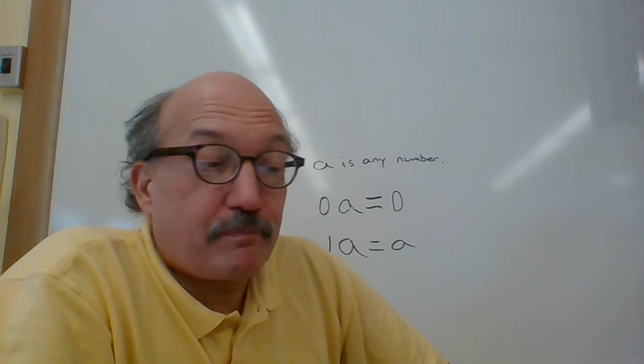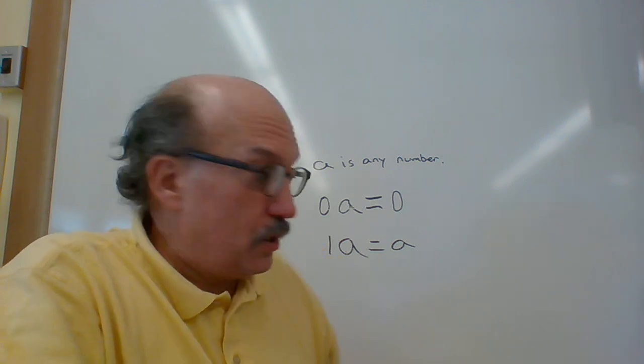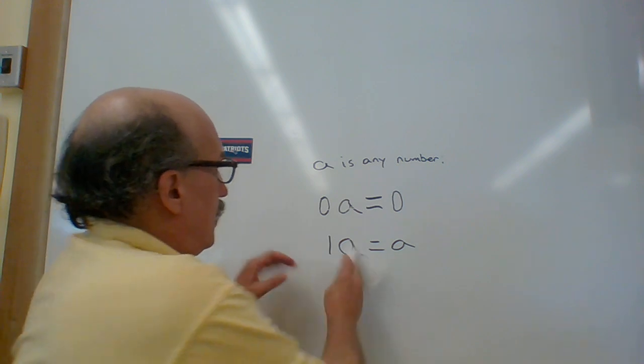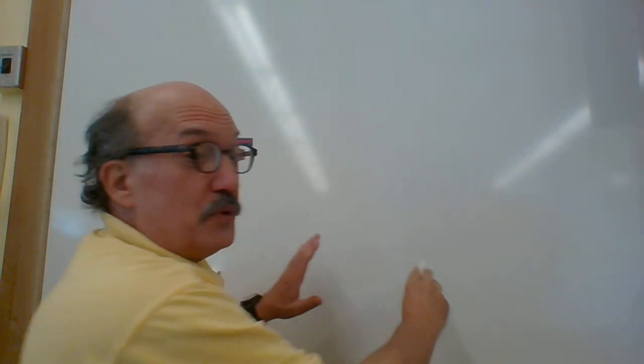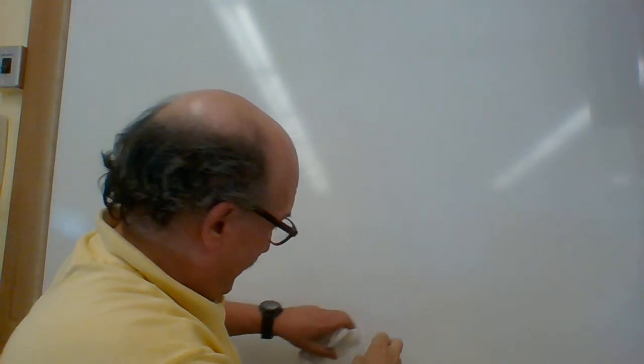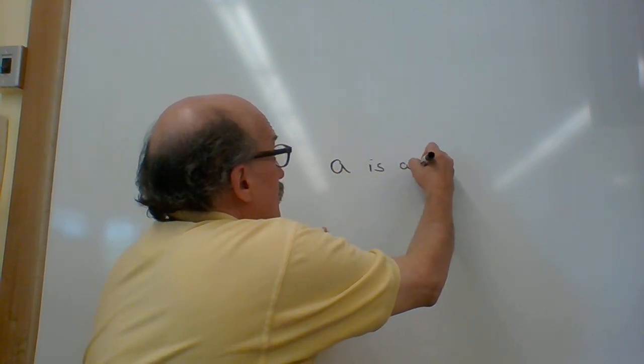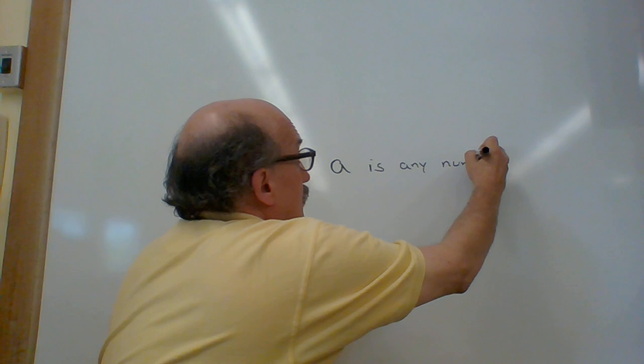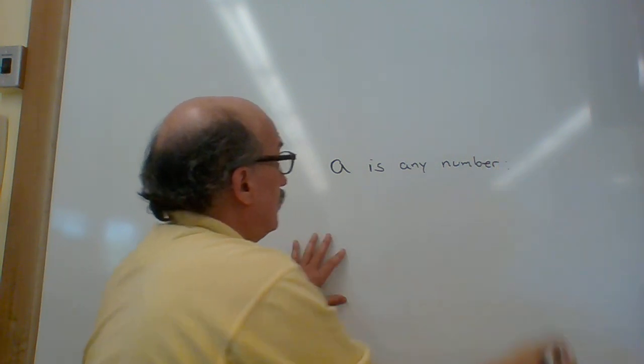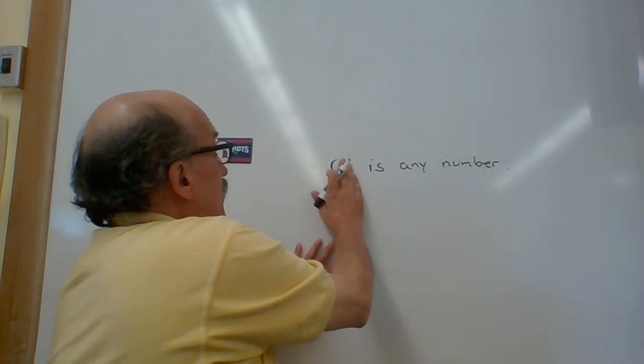By the way, addition has similar facts to this. I'm assuming that everybody's good with the addition facts. I hope that's true. But if A is any number, well, let's say this.